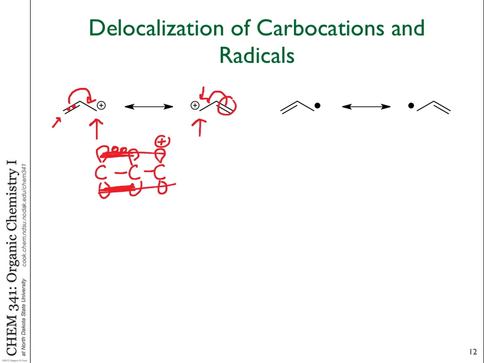Or further, if you have more double bonds. Benzene rings. Things adjacent to a benzene ring. And the exact same situation is true if you have a free radical. A free radical next to a double bond is also that electron deficiency, or the missing 1 electron is spread out at the 2 ends.